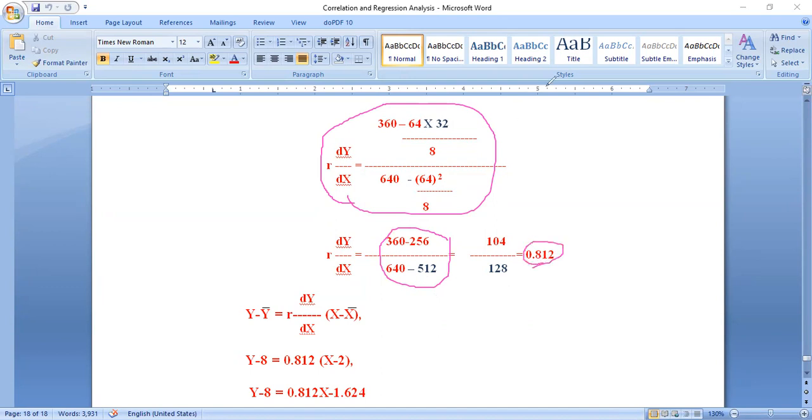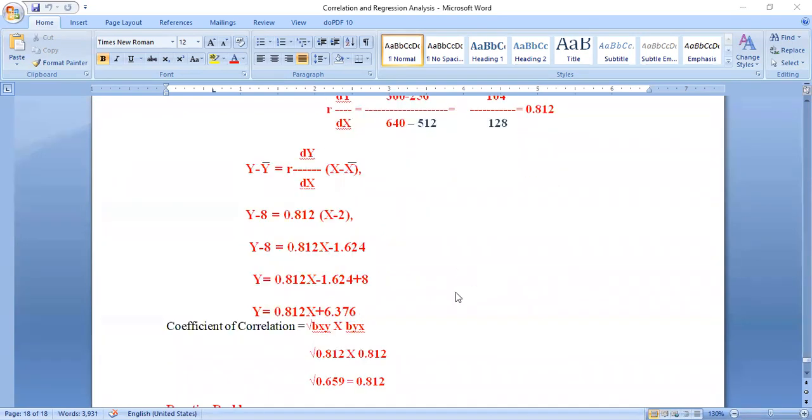Then these values are substituted into the formula, and finally you got the same value. Even if the variables change, the procedure is the same. The procedure is common for x on y and y on x, with only a small change in the formula. Then finally you got 0.812 in this case also.